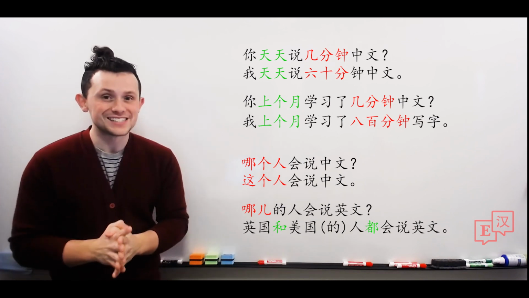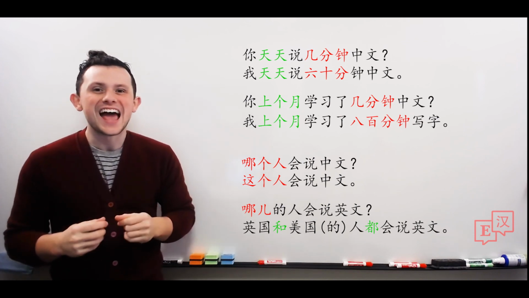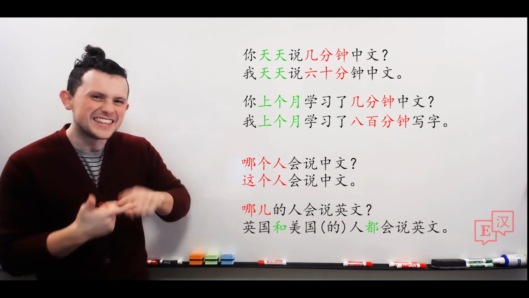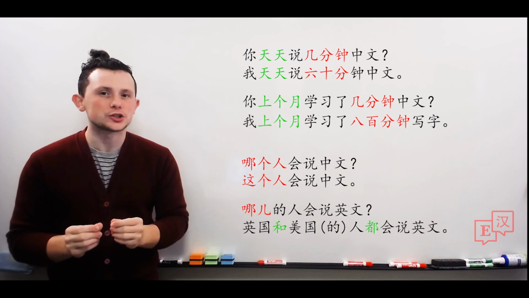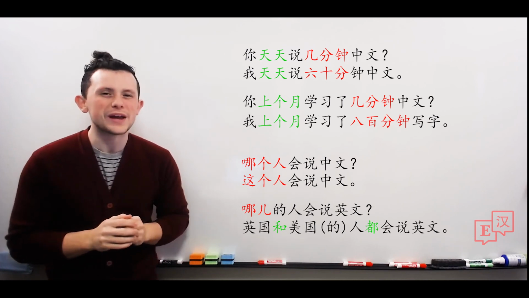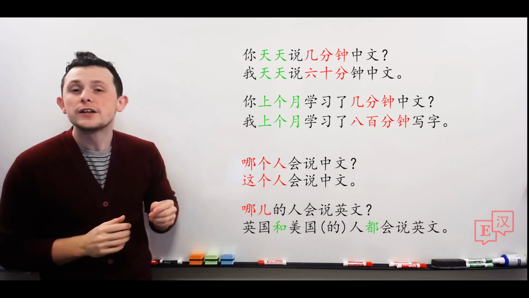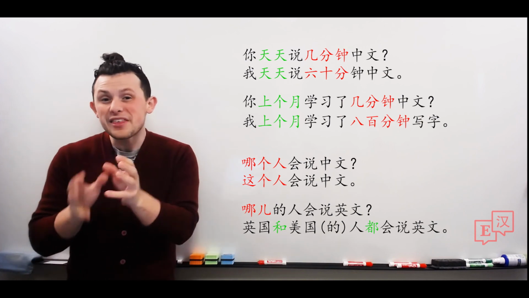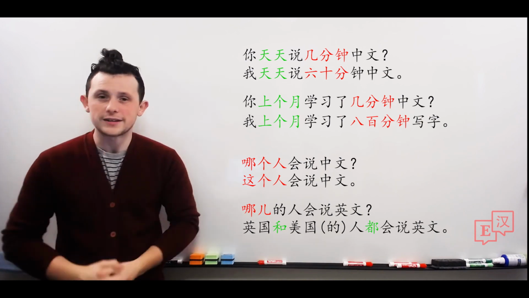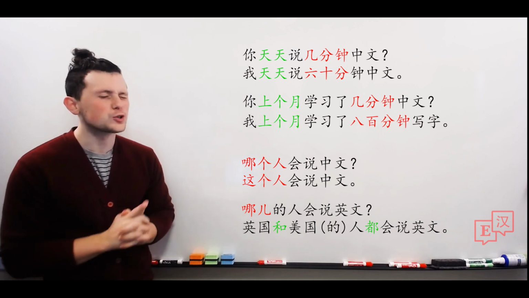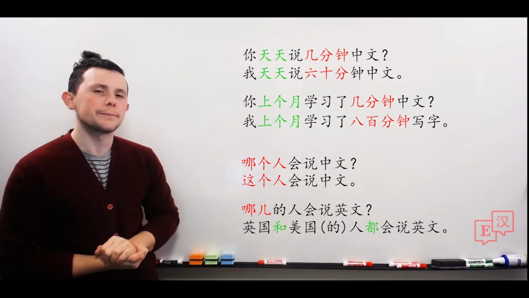I hope this makes sense, and I hope this helps understand how these pointers work. This, that, and which. They function the exact same as in English. The only weird thing is we have to use 个 or 儿 to change their meanings from that thing to that place. Spend some time and practice that. Also, remember duration right after the verb.